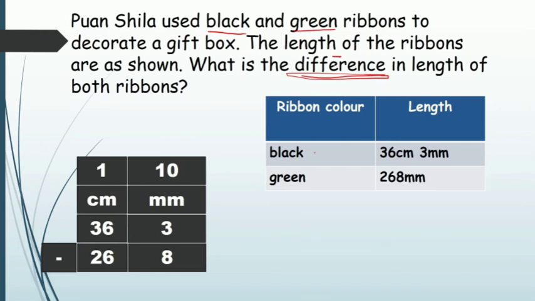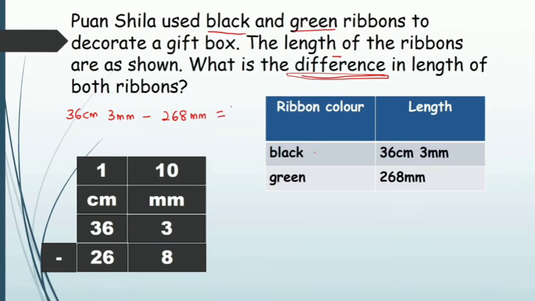So class, listen, when we do subtraction you need to remember normally the big number will minus the small number. So between these two numbers which one is bigger? We need to find that. And before that we have to create a number sentence for this question. So 36 centimeter 3 millimeter minus 268 millimeter.